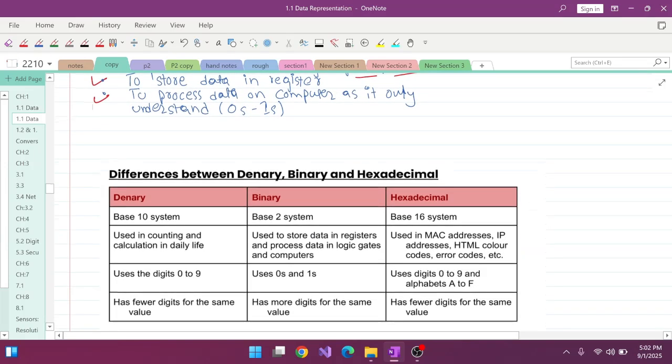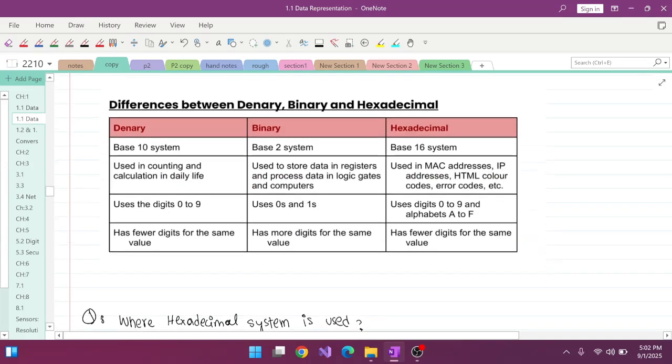So this is a table. Basically, it is a quick revision. Denary is base 10, binary is base 2, hexadecimal is base 16 number system. Denary is used in our daily life counting, binary is used to store data in registers, logic gates, and for processing.